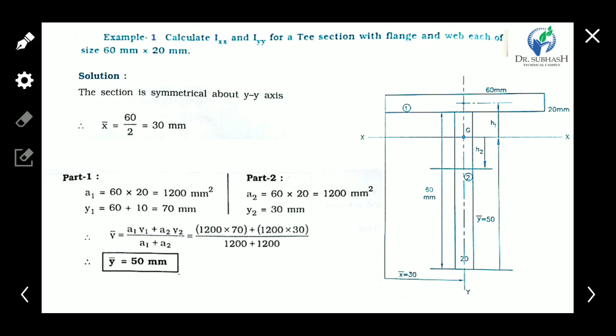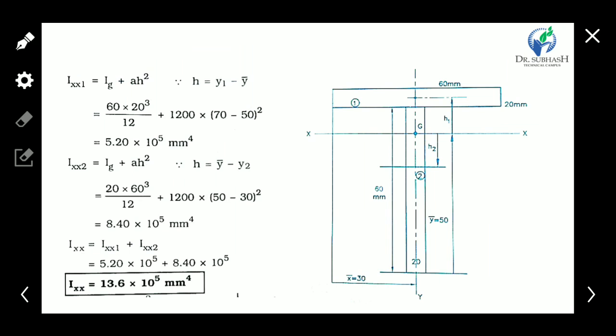Now we have to find out I-XX and I-YY. If we only had a single element, one rectangle or one square, one regular shape, then we have direct equations to get the moment of inertia. But we have a compound section, so first we find the moment of inertia of the individual sections, and then sum up the total moment of inertia of all elements.